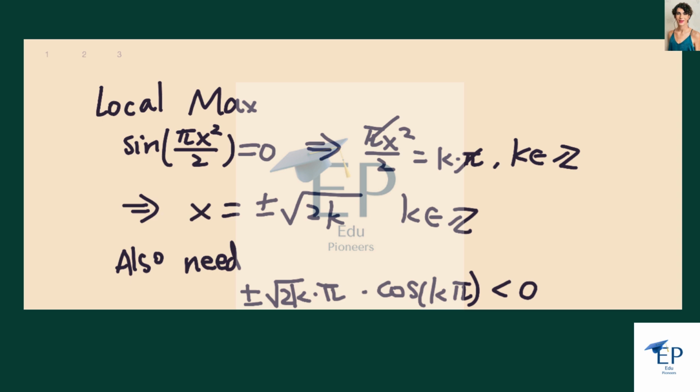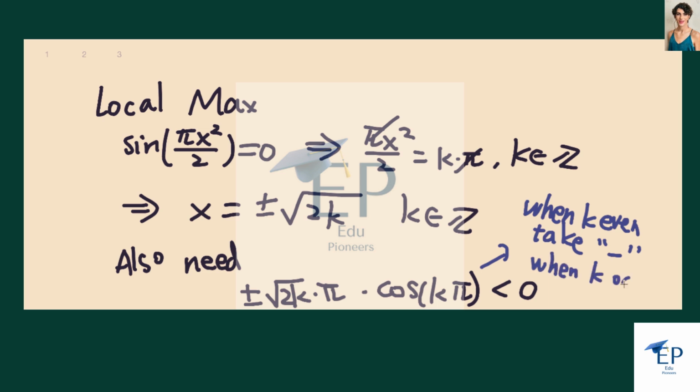So this means when k is even, this gives you 1, so you want to take the negative sign. And when k is odd, you want the whole thing to be negative, so you have to take the plus sign in front.